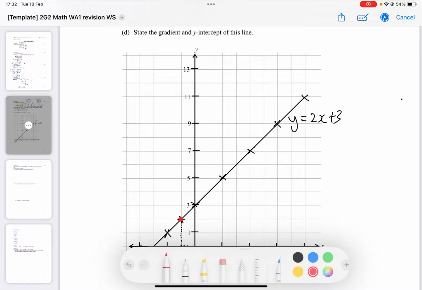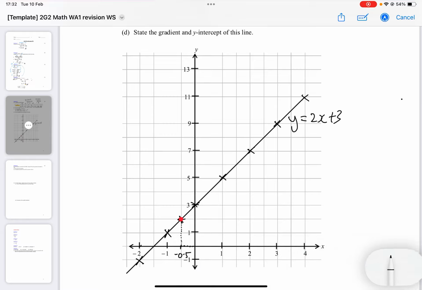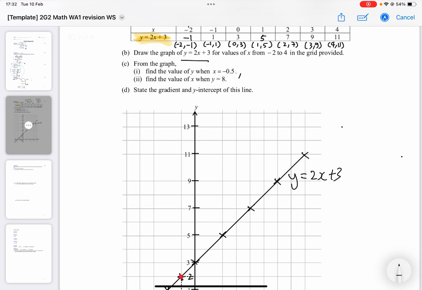Then what is the corresponding y? I can read from the y-axis. Between 1 and 3, here must be 2. So when x is negative 0.5, y is equal to 2.